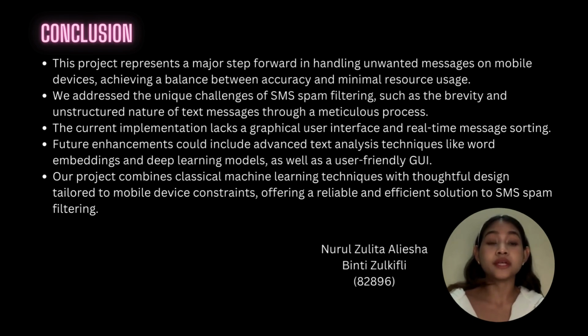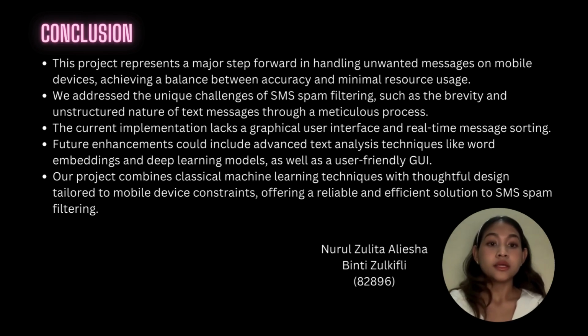Through a meticulous process involving data preprocessing, TF-IDF vectorization for feature extraction, and the application of the multinomial naive Bayes classifier, our result shows high accuracy and efficiency, with the algorithm maintaining high classification speed while being adaptable to changing user preferences, all within the limited hardware resources of mobile platforms.